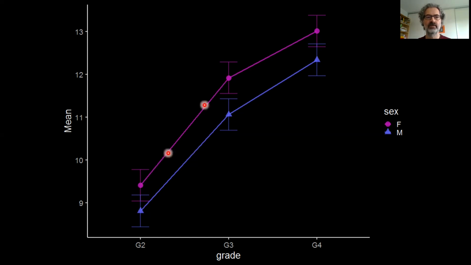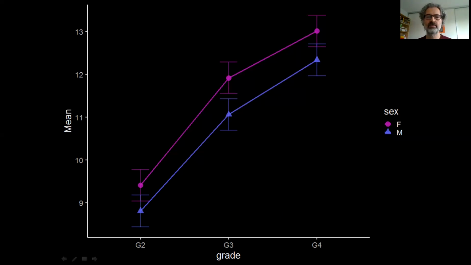If girls grow as much as boys between the second and third grade, as they seem to do here, these lines will be approximately parallel. If girls and boys grow up to approximately the same degree between grades 3 and 4, these lines will be approximately parallel. So parallel lines on this line plot indicate no interaction.